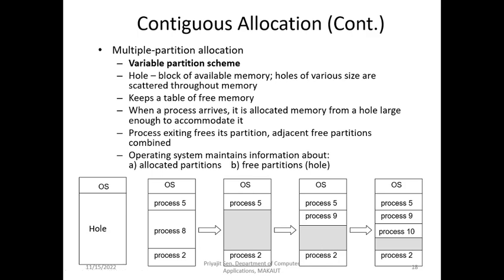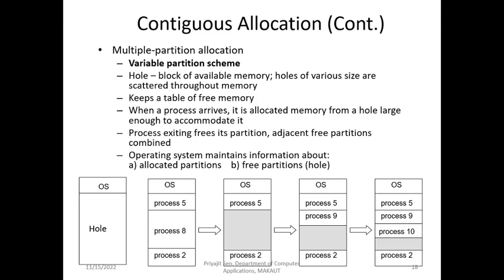So any process that may fit in this location may come and be allocated in the partition. Process 10 came and it will be stored in the location after process 9. This is the advantage of the variable partition.